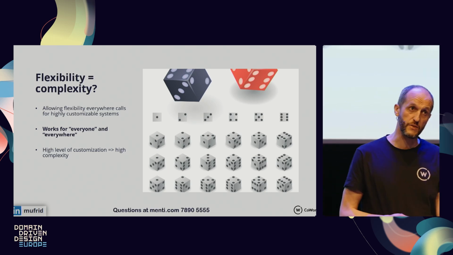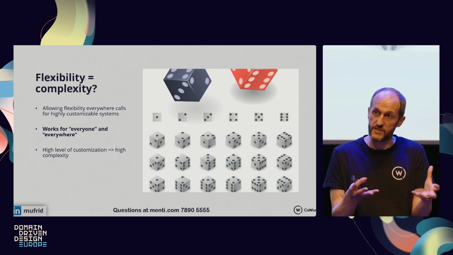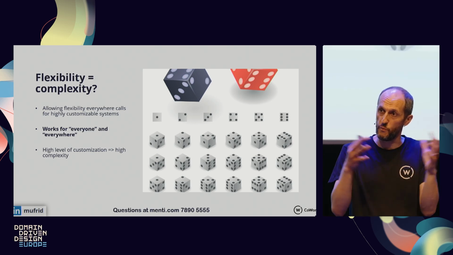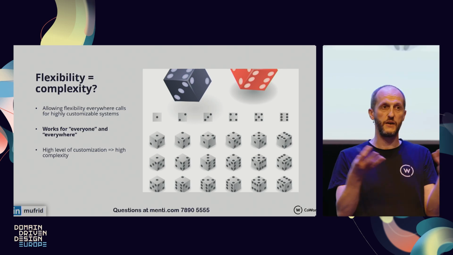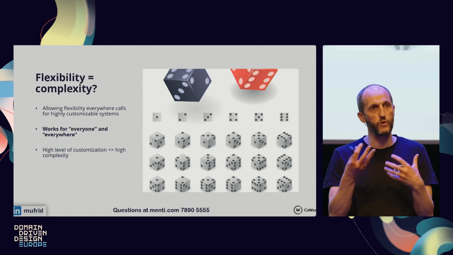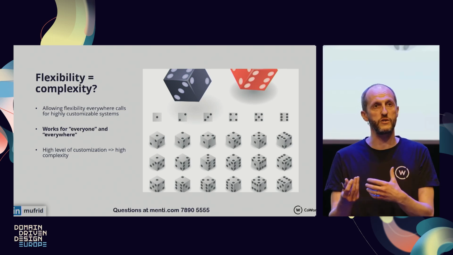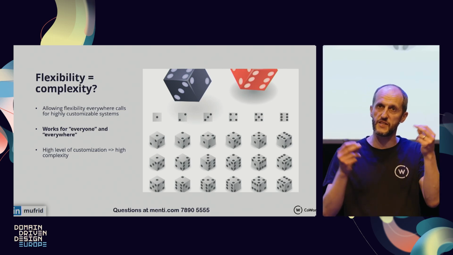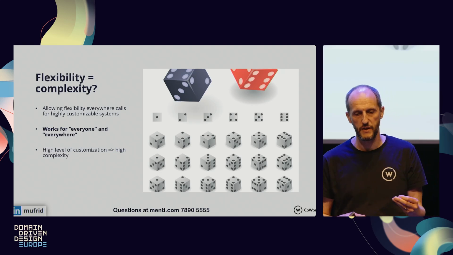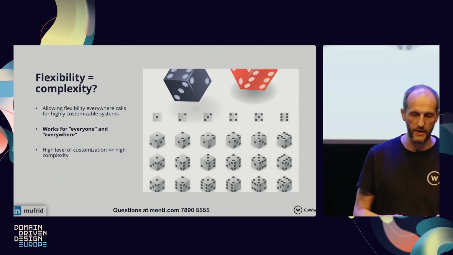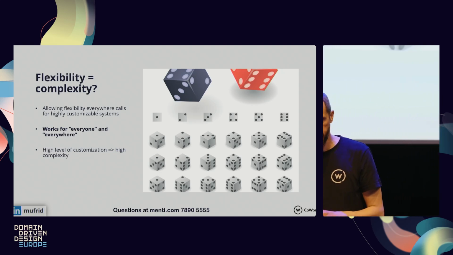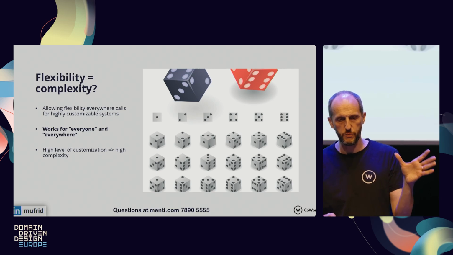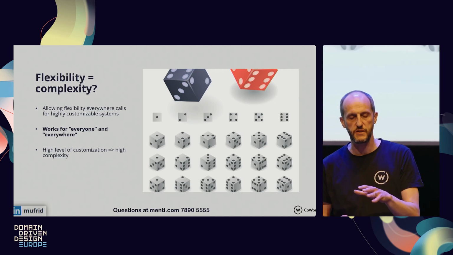That's what they meant by works for everyone, everywhere. There was one system, one set of domain concepts, but there are all those configuration parameters allowing our customers to set the system up in many different ways. That's where complexity started. So high level of customization, high complexity.